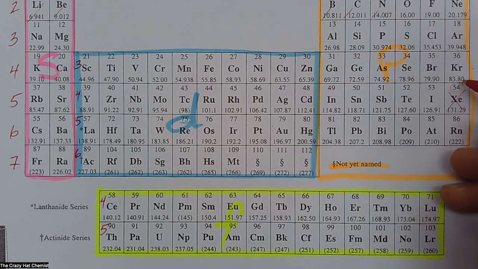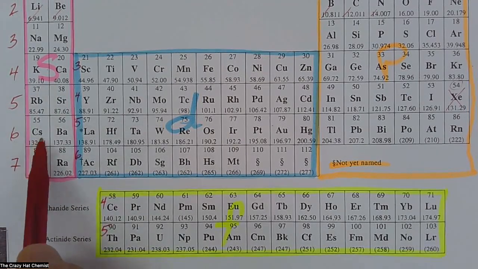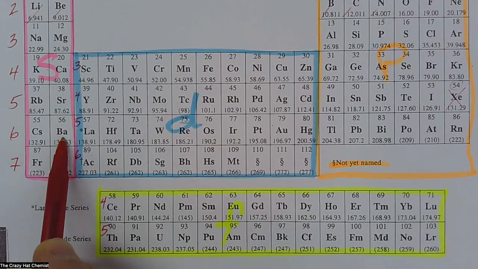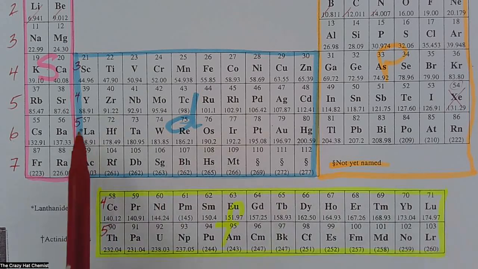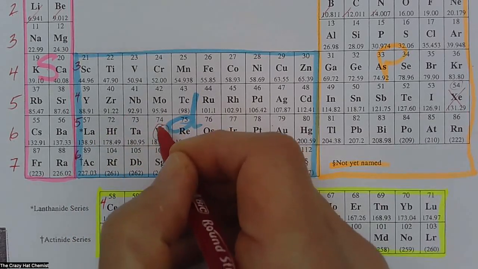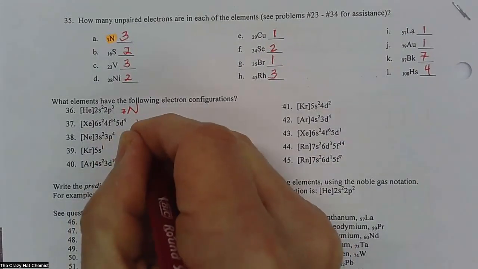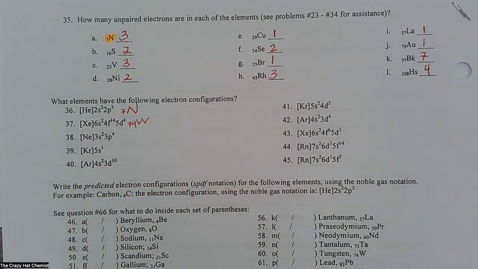Then I have 6s2, that's a 6, and that's an s, and that's 1, 2. Then it's 4f14, so it's all of these f's. Then it is 5d, 1, 2, 3, 4. So that will be tungsten, W, element number 74.